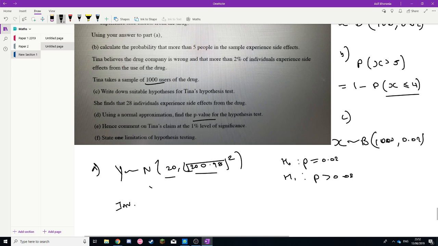Wait, what's the p-value? She finds that 28 individuals experience side effects. Using a normal approximation, find the p-value for the hypothesis test.